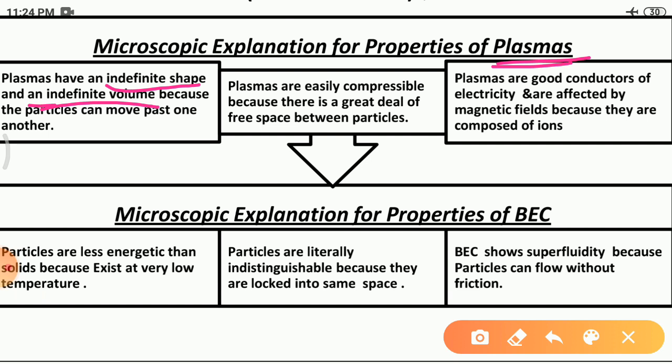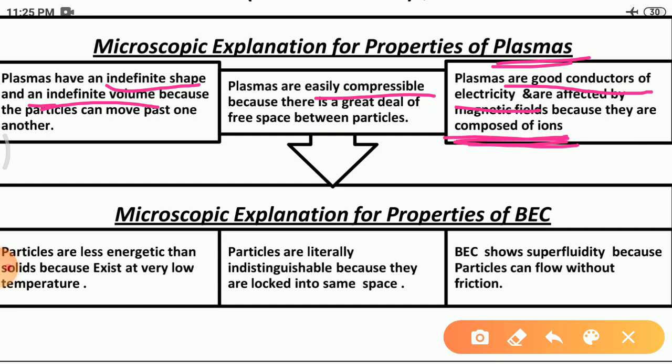Plasmas are easily compressible because there is a great deal of free space between particles. Plasmas are good conductors of electricity and are affected by magnetic fields because they are composed of ions. So the main things are they have indefinite shape, indefinite volume, are easily compressible, are good conductors of electricity, and are composed of ions.